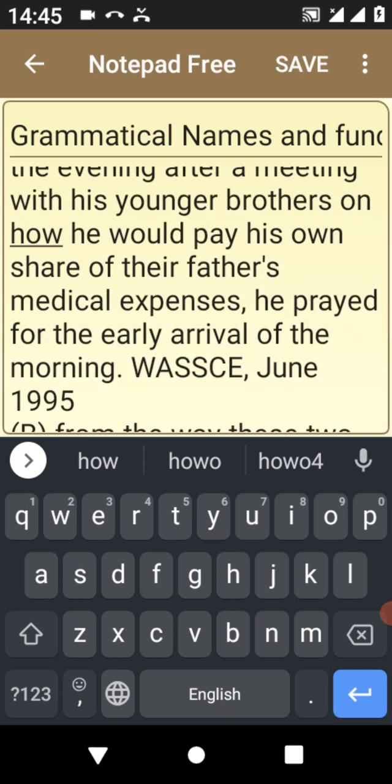Then he prayed for the early arrival of the morning. So he prayed for something. The underlined words there are the early arrival of the morning. Now if you look at the last clause, he prayed for the early arrival of the morning.